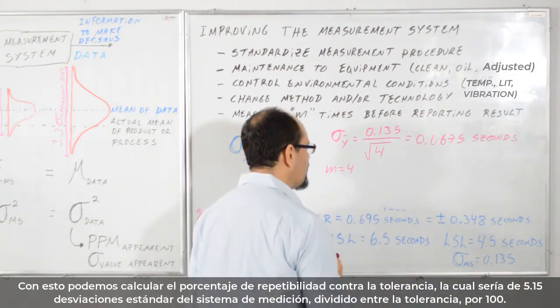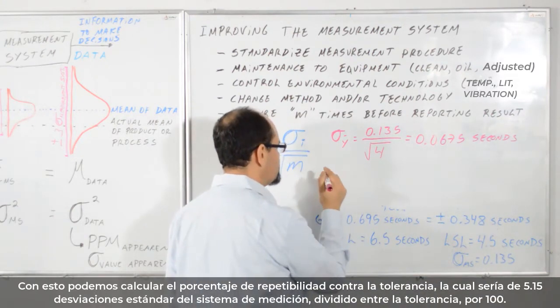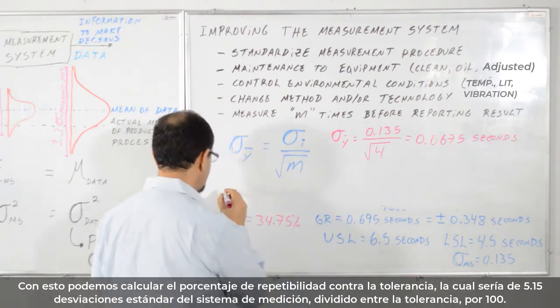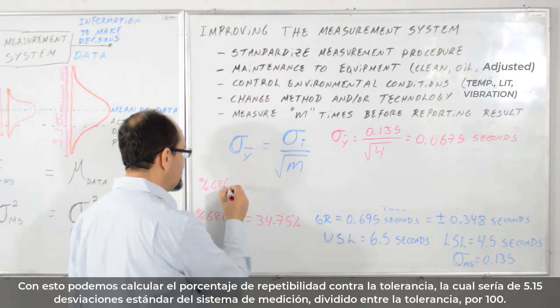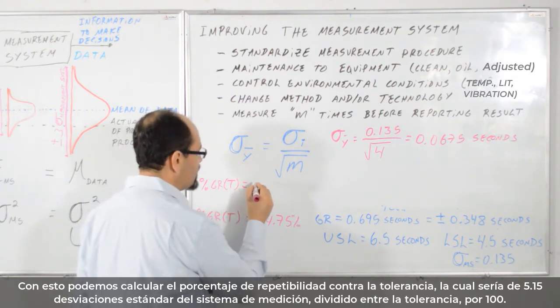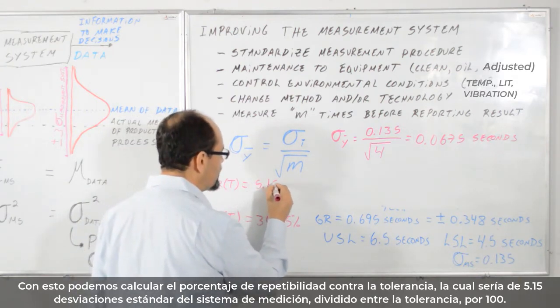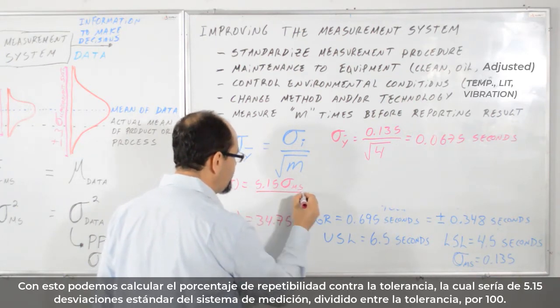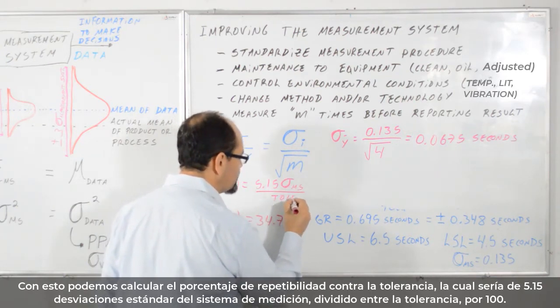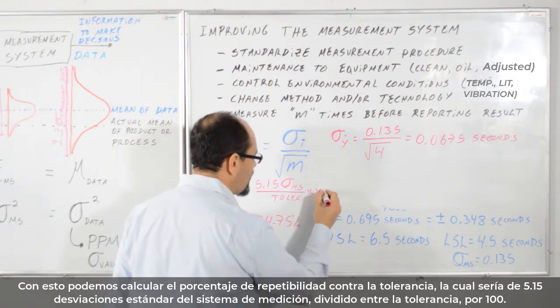With that one, we can calculate the percentage of repeatability. The gauge repeatability against tolerance is equal to 5.15 standard deviations of the measurement system divided by the tolerance, times 100.